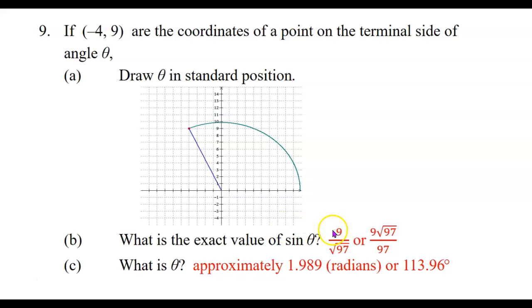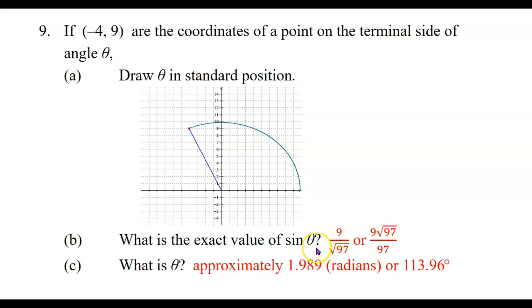So when you take y over r, that would be 9 over the square root of 97. You could also rationalize the denominator and write it as 9 times the square root of 97 over 97.